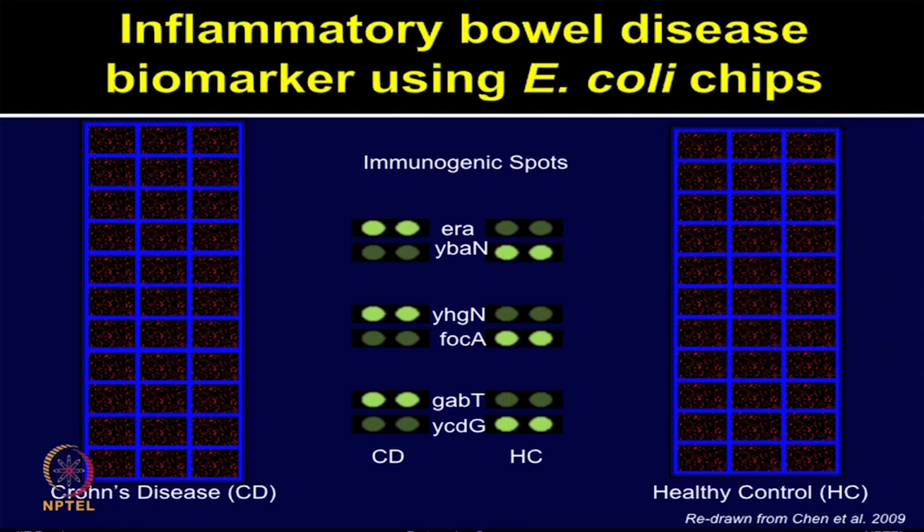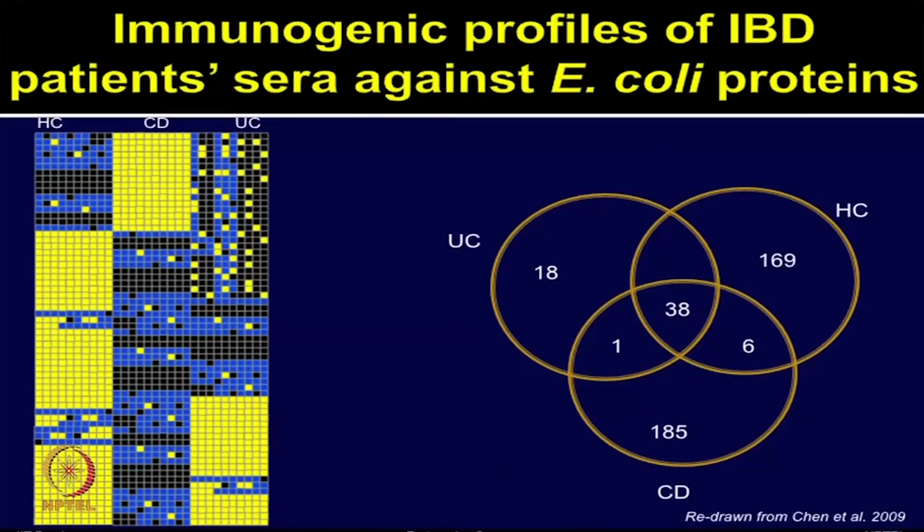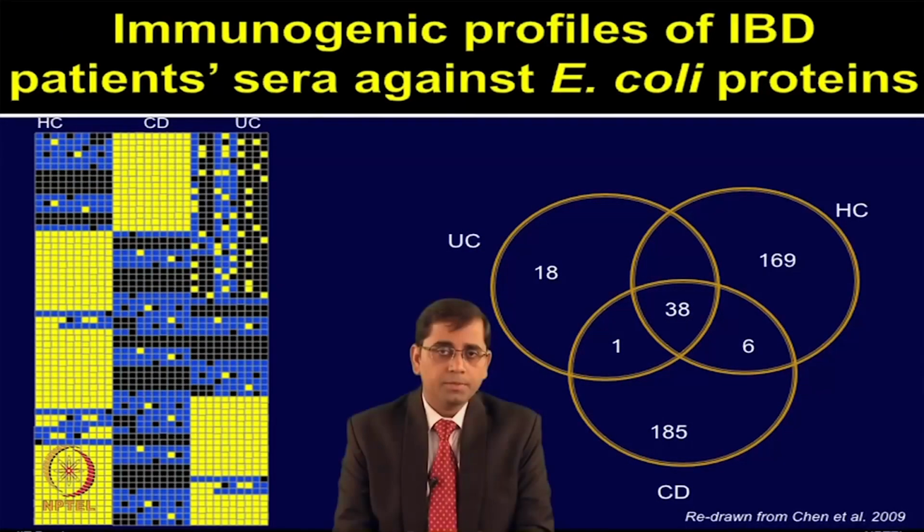Some of these spots are shown in the center and it shows the comparison of Crohn's disease versus healthy individuals. After performing this screening experiment on chip, authors generated a heat map of 273 differentially expressed proteins, which were identified using healthy controls and Crohn's disease samples.